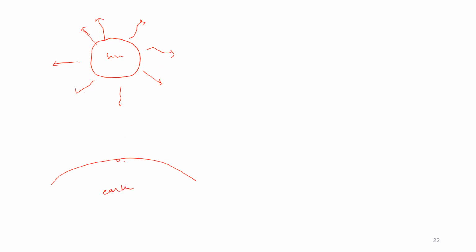Just like you do your experiment with the magnifying glass, you go out in your garden or whatever, and you have a magnifying lens in your hand. In your childhood, you must have done this experiment.